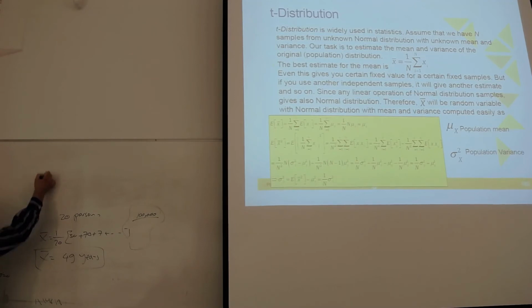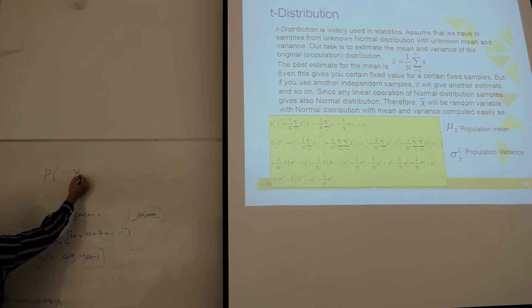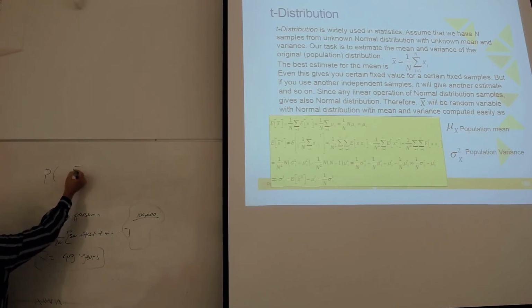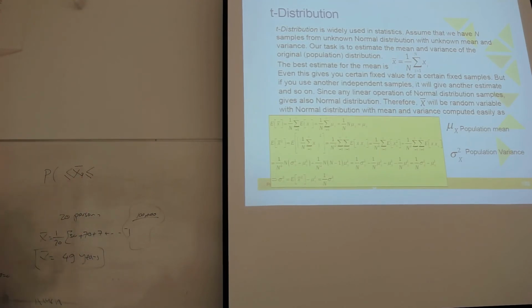The confidence interval says that the probability that the parent average, the general average, the correct average, is greater than or equal to and less than or equal to some range, based on the sample that we have.